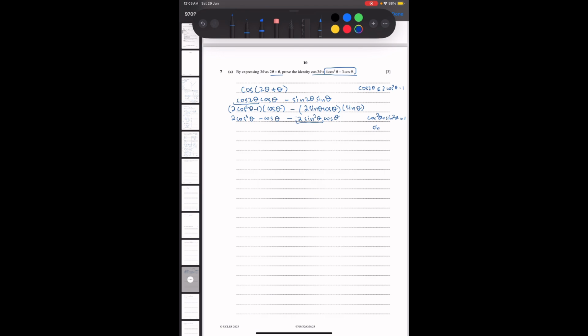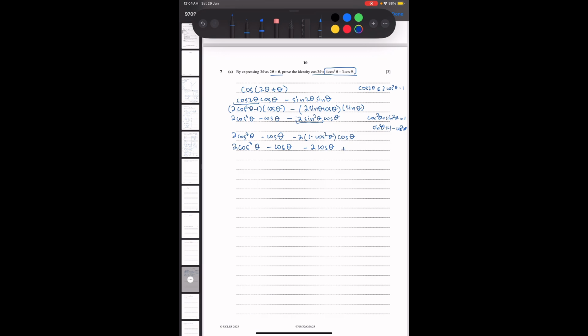So sine square theta is equal to 1 minus cos square theta. So 2 cos cube theta minus cos theta minus 2 into 1 minus cos square theta times cos theta.